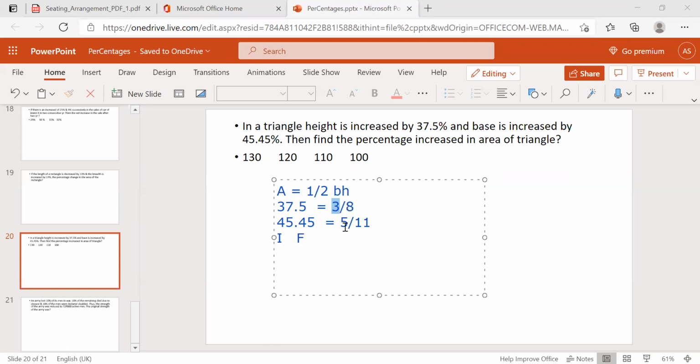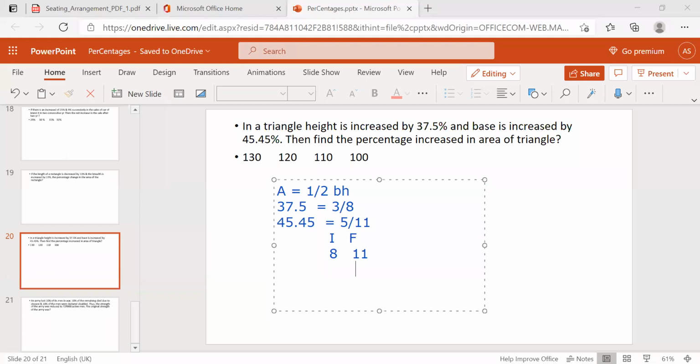And now, the base. Initially it is 11 parts. Now it is increased by 5 parts more. That means now we can say the initial value is 8 and the final value will be 8 plus 3, nothing but 11.